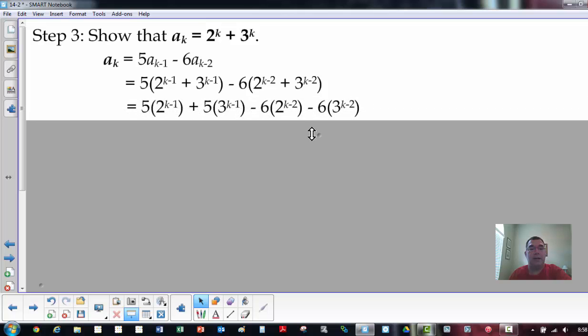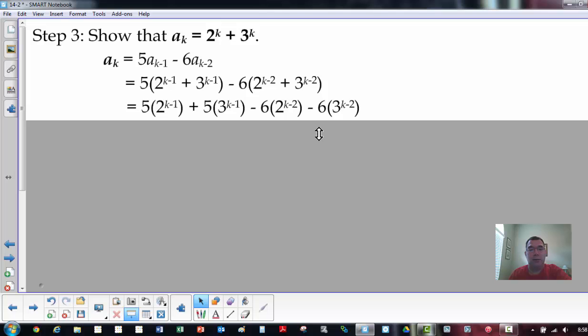So now I simply manipulate this so that it looks like that bold statement that I have at the top. The first thing I do is distribute the 5 in the first set of parentheses and the negative 6 in the second set of parentheses. And that's what it looks like. What I notice is that the 6 I've distributed is actually 2 times 3.